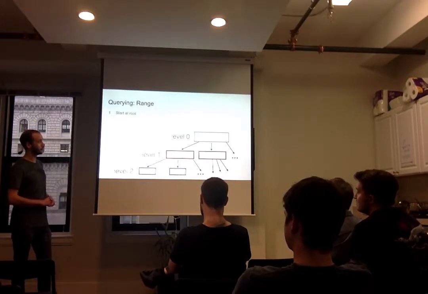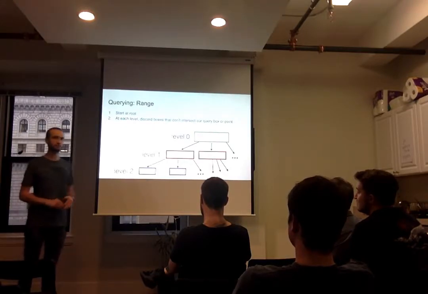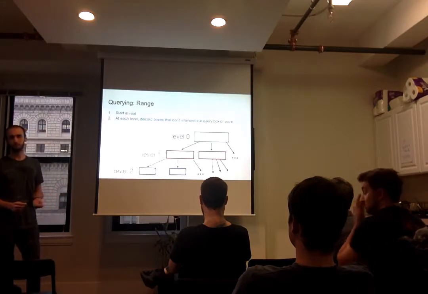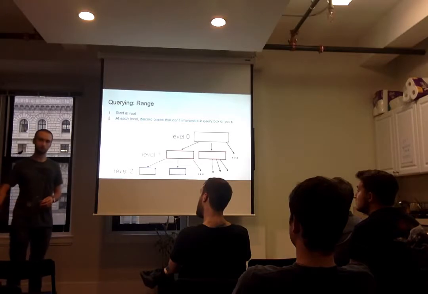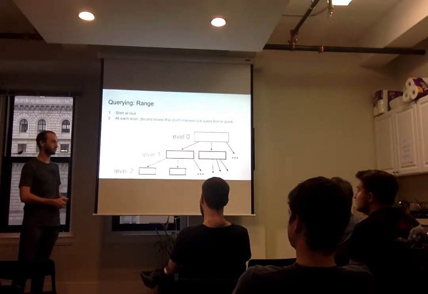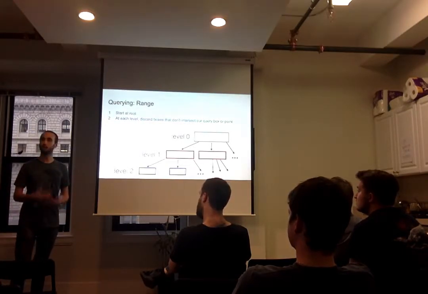And then at each level, we're going to discard boxes that don't contain a query. And in practice, that means we're discarding huge chunks of the search space because most of our objects are going to be in boxes that we're not within.